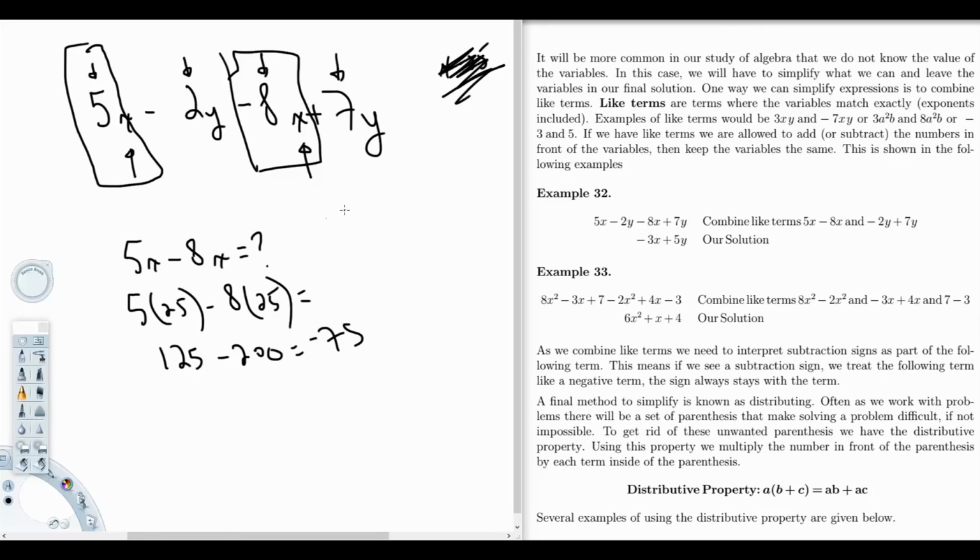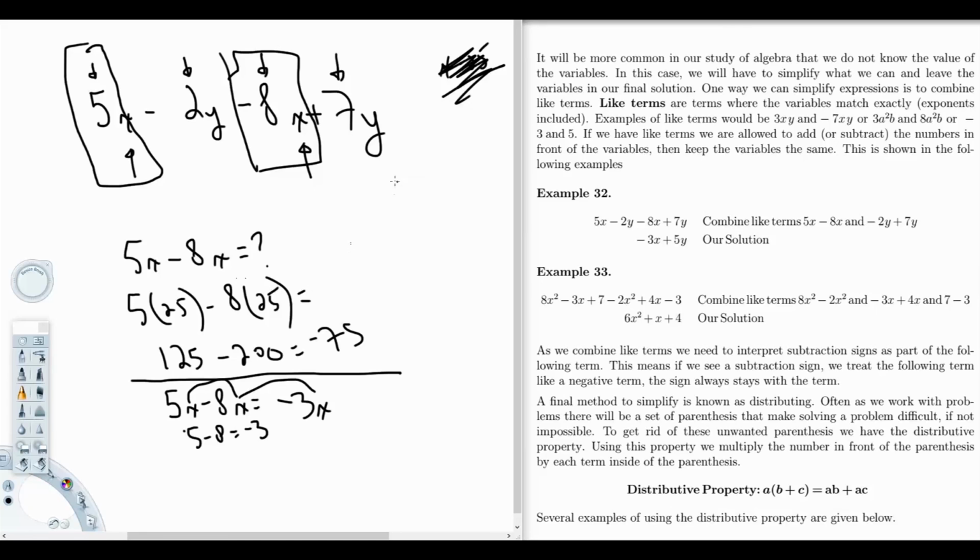So in this case, we'll do 5x minus 8x equals, they want us to combine these two. So it's going to be, it's like saying 5 minus 8 equals negative 3. And don't forget to add the x. Because you're not just doing 5 minus 8, you're doing 5x minus 8x equals minus 3x.